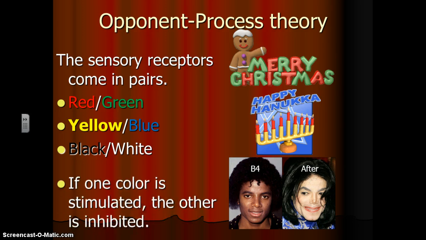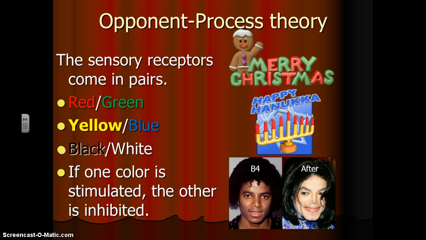Essentially what they're saying is that most people can see green and red at the same time, but we don't tend to see a reddish green, or a bluish yellow, or a black-white combination.